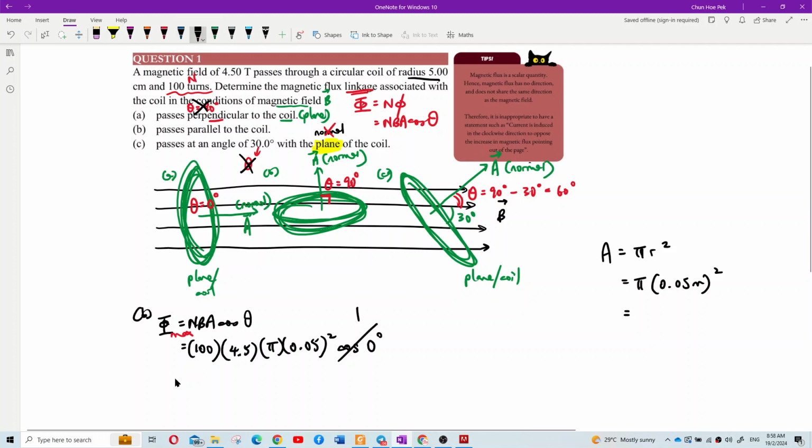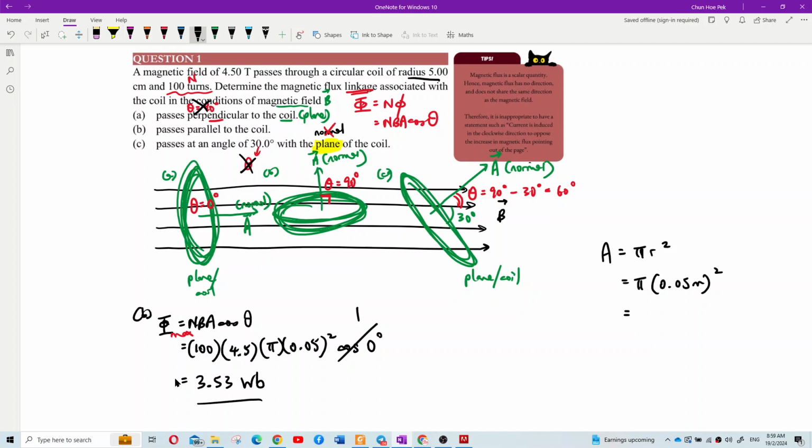Use your calculator: 100 times 4.5 times pi times 0.05 square. My answer, I get 3.53 volt.